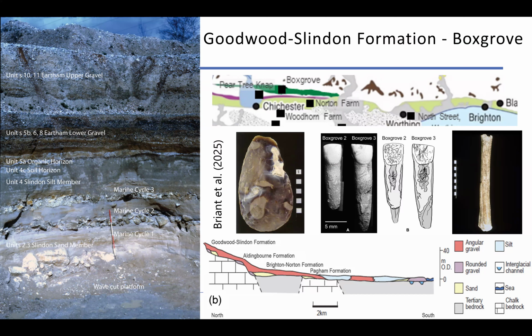So broadly, there's a wave cut platform at the bottom. I'm sorry about the state of this picture. It was the best one I could find. So wave cut platform at the bottom, covered with a few cycles of marine silts, and then slope deposits. And there's archaeology in both parts of the sequence, so the marine silts and the slope deposits.